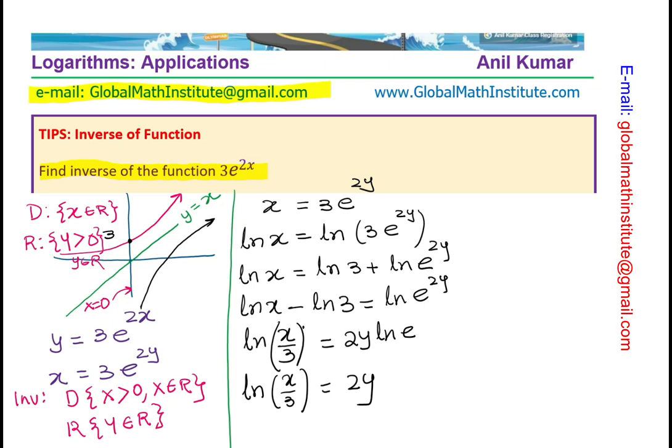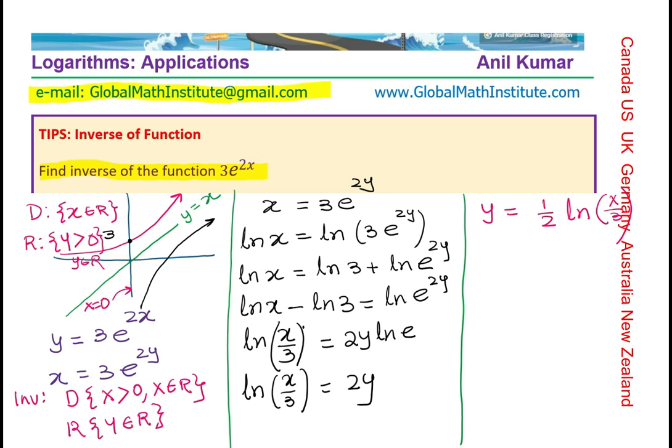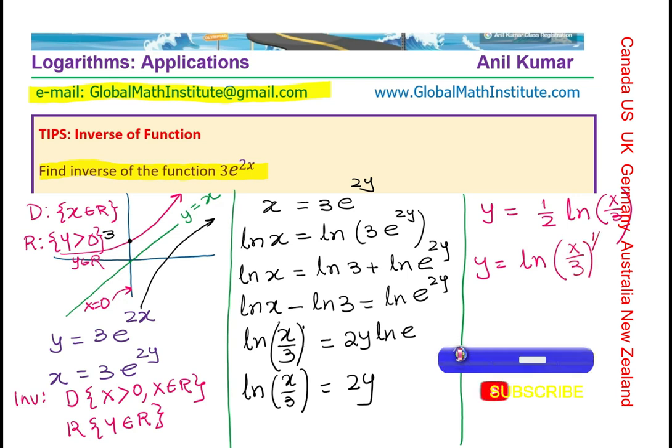So you see our solution now? We can now isolate y and write down y as equal to half of ln of x over 3. Do you see that part? So that is how we can rewrite the final answer as ln of x over 3 to the power of half, which means square root basically.